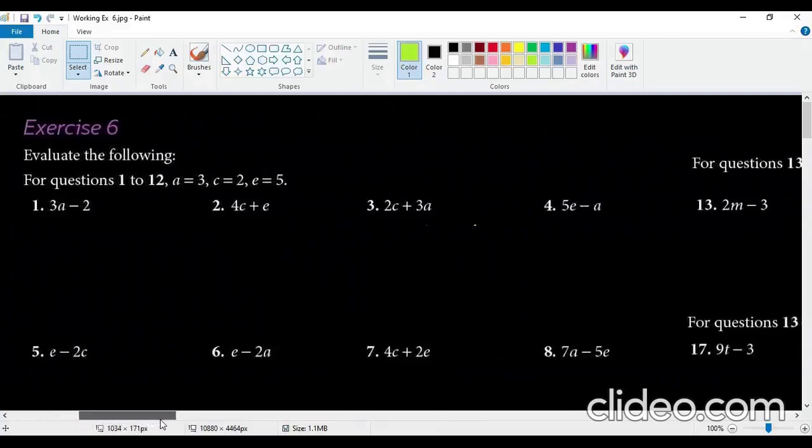Here, the substitution method is going to be used for evaluating the given expressions.